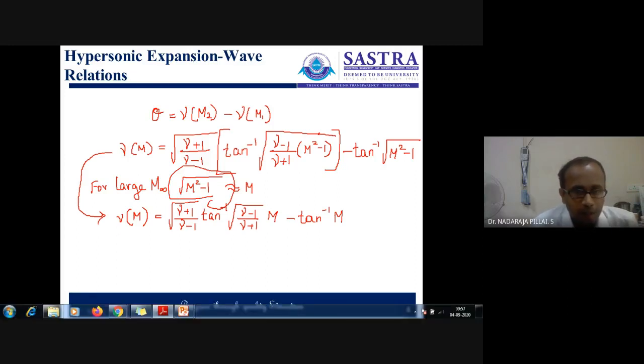Now we have M1 and M2. Again, we have tan inverse of M, so we should use the trigonometric identity.